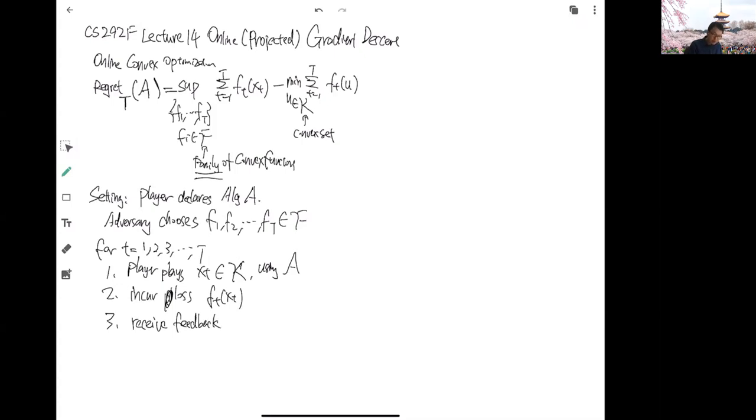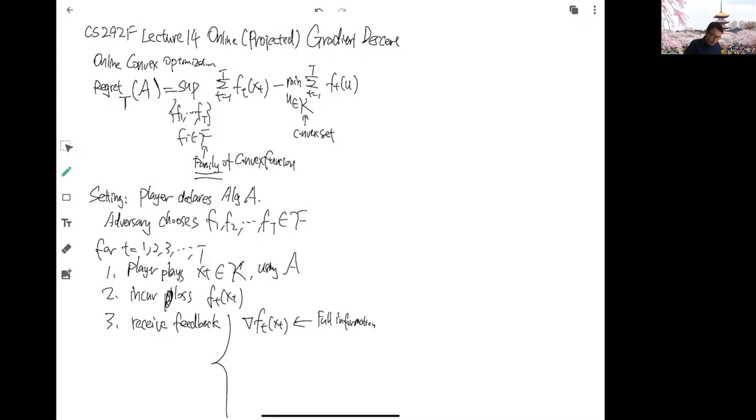Okay, and there could be various kinds of feedback. Suppose the player receives a gradient, the gradient of f_t at x_t. We call this a full information setting. It will be clear, once we get to examples, why this is called full information.